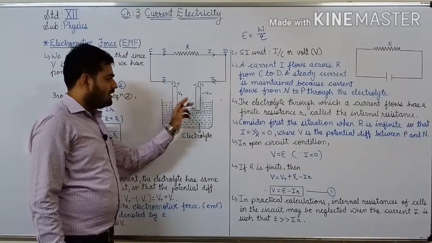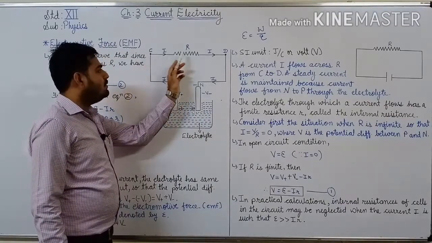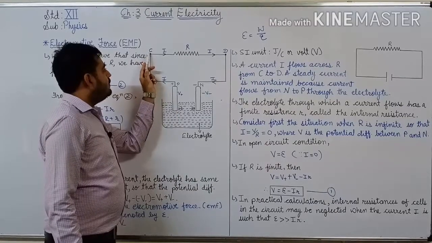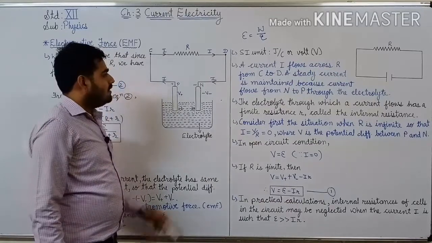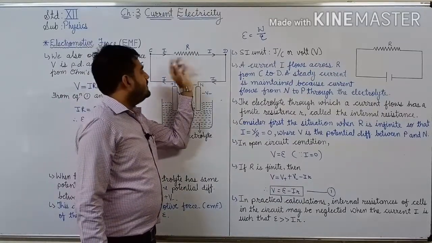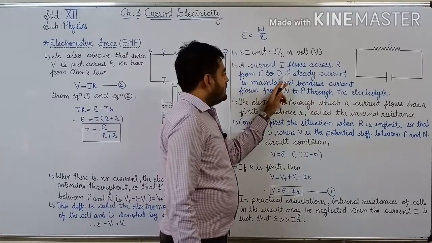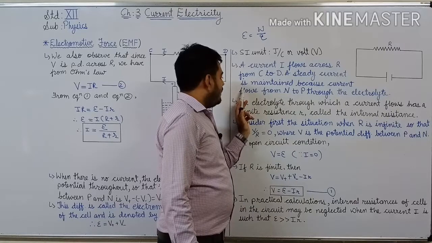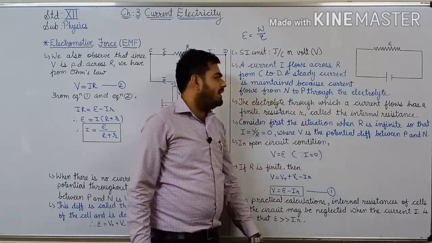This is the higher potential and this is the lower potential, so current will flow from higher to lower potential like this. So current is flowing from C to D across this resistance R. A steady current is maintained because current flows from N to P through the electrolyte.